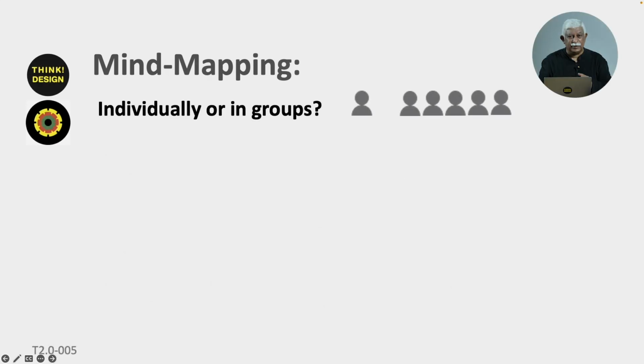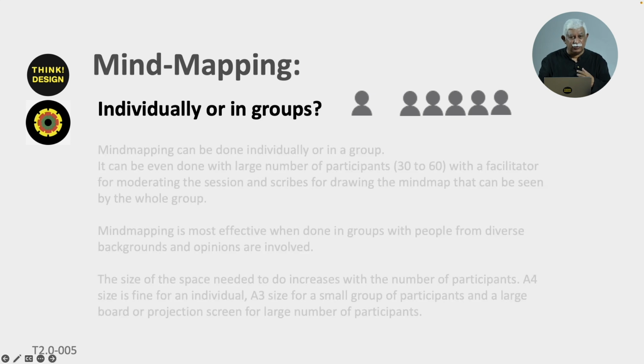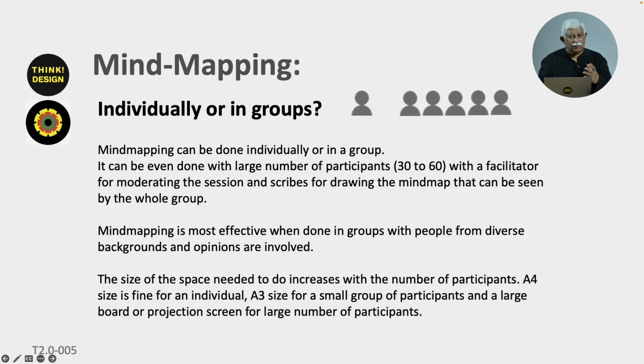So how can it be done? Can it be done individually or in groups? Of course, it can be done individually or in a group. Both are possibilities. It can even be done with a large number of people, like 30 to 60.